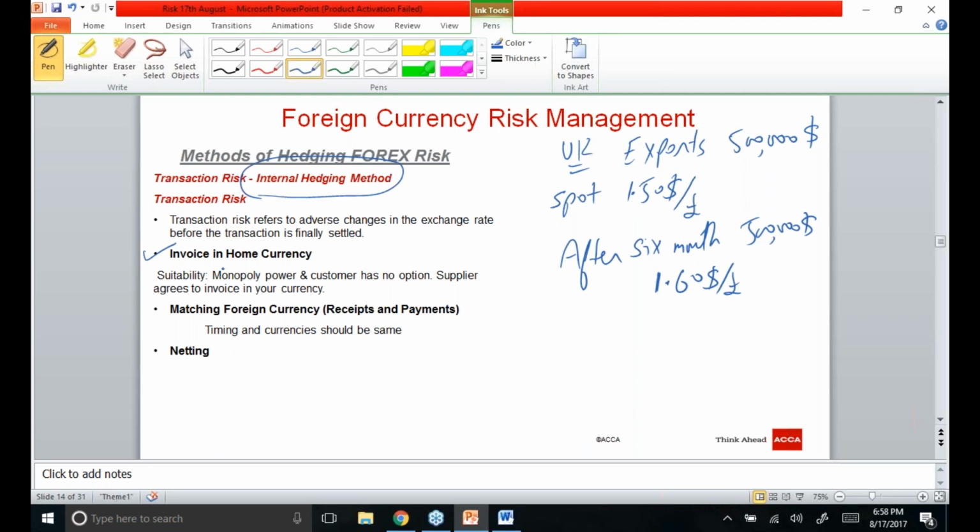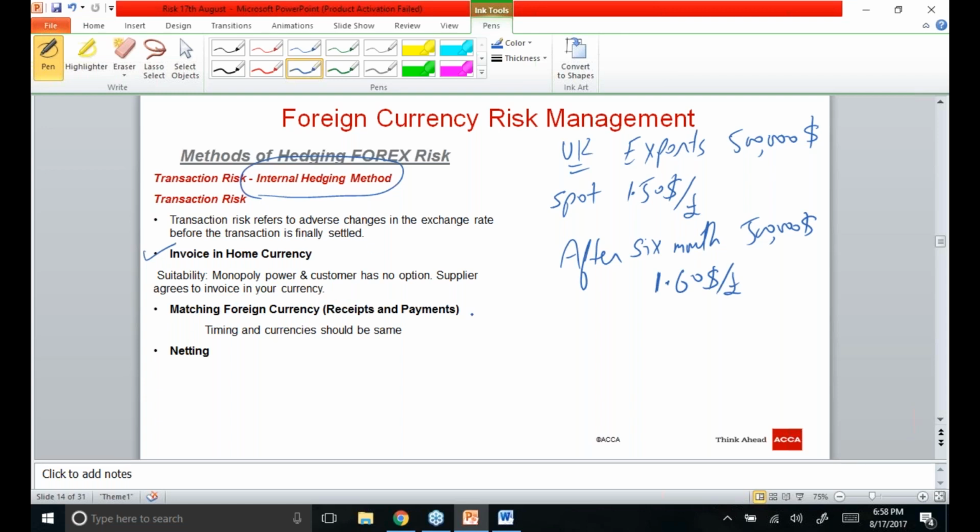Obviously, if you invoice in your home currency, that means you will transfer your risk to the other party. And if you transfer your risk to the other party, that means you will not face any risk. This method can only be applied if you have some bargaining power, some monopoly power, and customers have no option. In this scenario, you can invoice your customer and supplier in home currency.